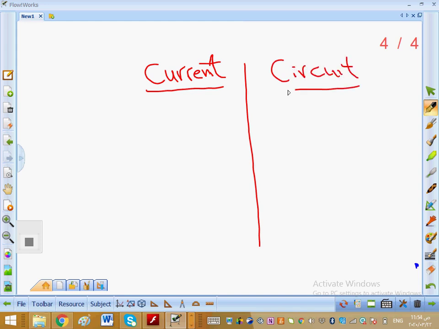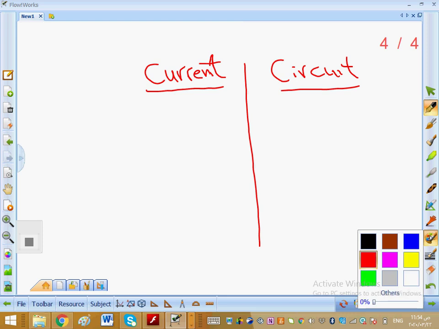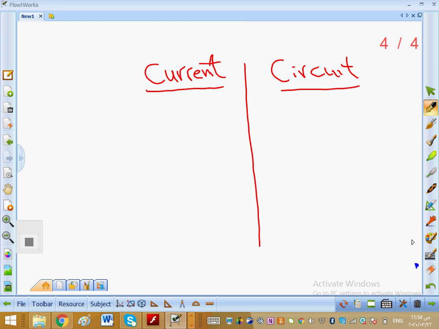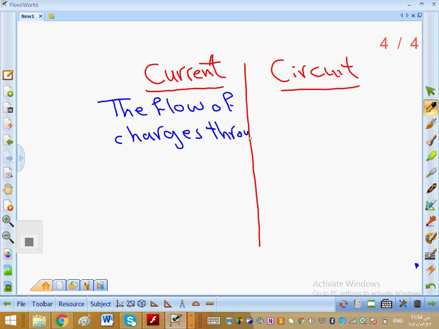And we said current means the flow of charges through a path of wires or conductors.